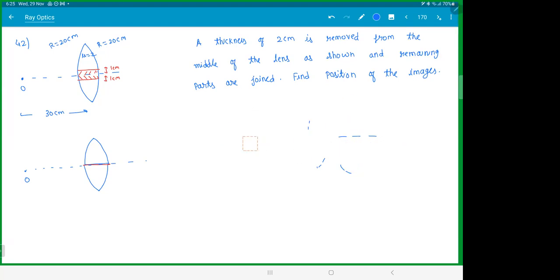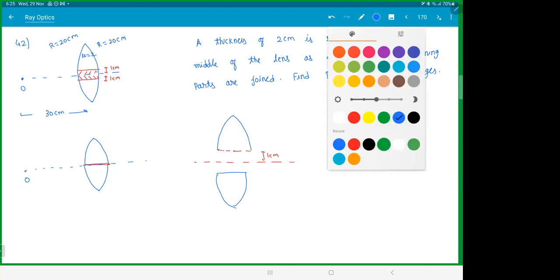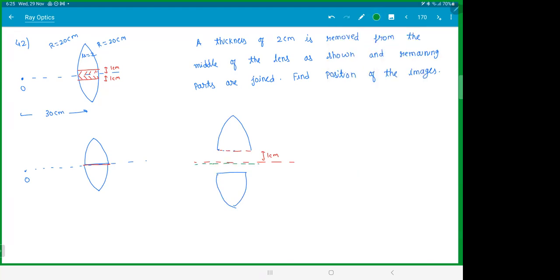देखो diagram ऐसे दिखेगा everyone. You're cutting this, ना? You cut it here. तो इसका principal axis was here, isn't it? 1 centimeter. इसका principal axis, I'll show it with a green line. This is 1 centimeter. Agreed. This was the before cutting.